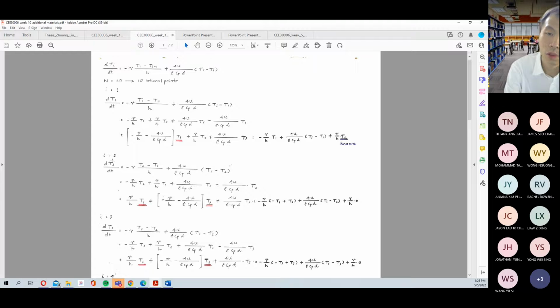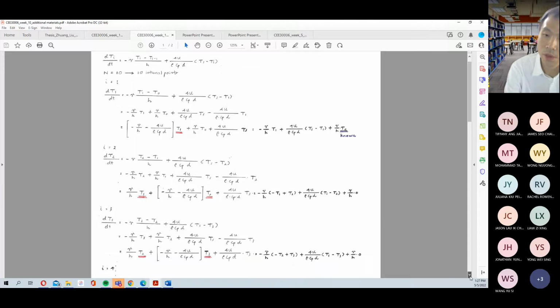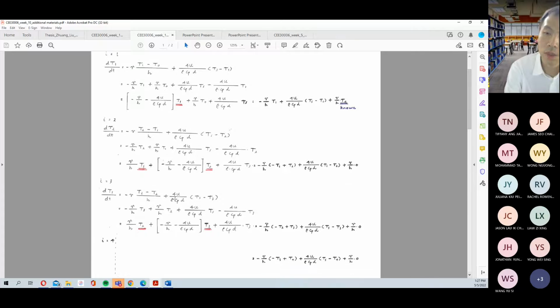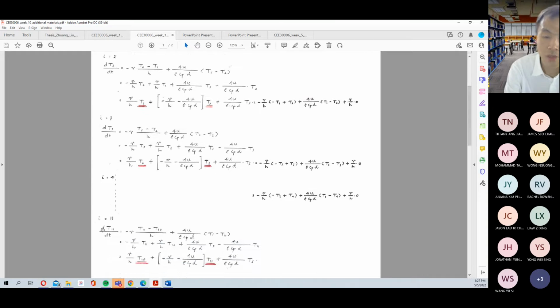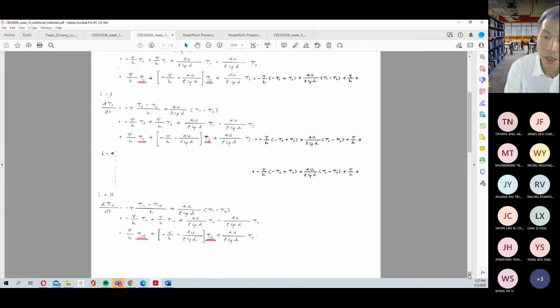If you do it for i equals 2, you will recover this particular form. If you do it for the third grid point, you will have this. And so on basically. Actually you have 11 because you have n plus 1 grid points, right?